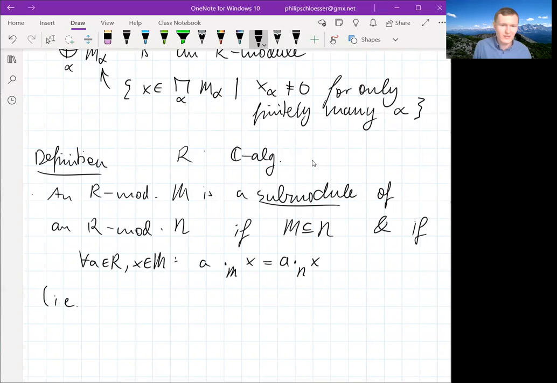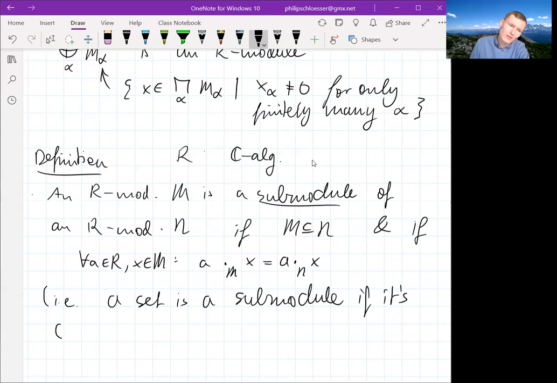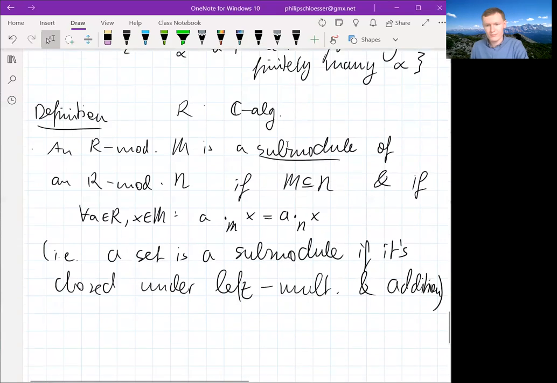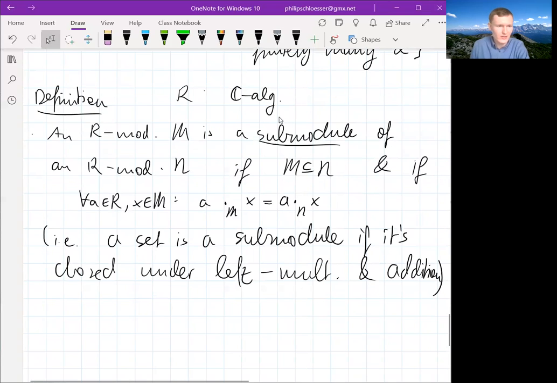I guess I went for the straight algebra way of how to define this. I guess the second one is the more tangible one.